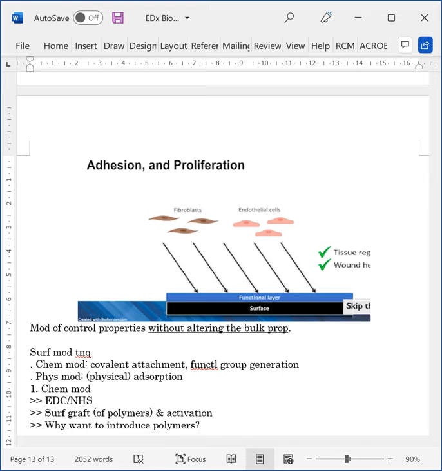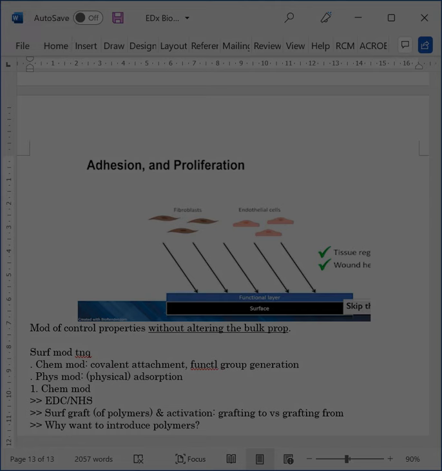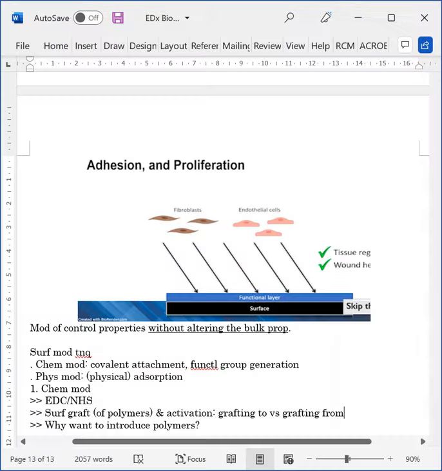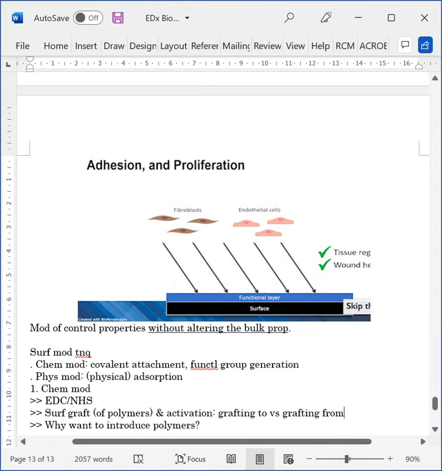For the grafting to, we use predefined, pre-synthesized polymers, and similar to the EDC NHS coupling strategies, we attach these polymers to the surface to generate a functional layer. When we talk about grafting from, it rather means that we have to introduce initiating groups on our surface, and using these initiating groups, we can now polymerize different monomers and also create this functional layer in a similar way.